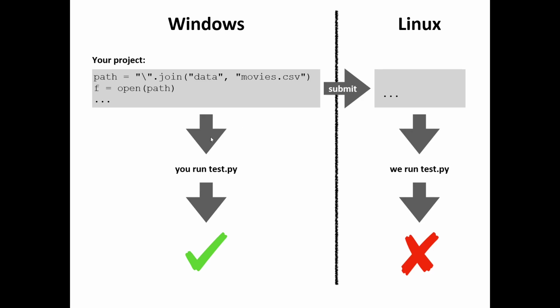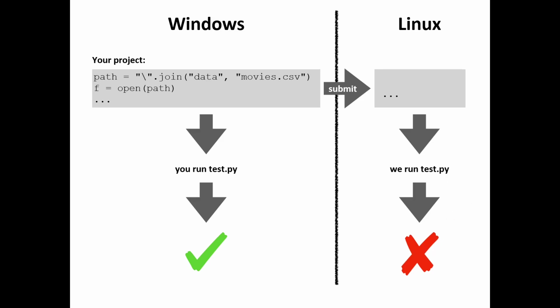No problem. You're going to run test.py. Everything will pass. But then you turn in your work. We run test.py. It creates these file paths with the wrong separator for the Linux test environment where we grade everything. And it gives you a 0 because none of the tests work.